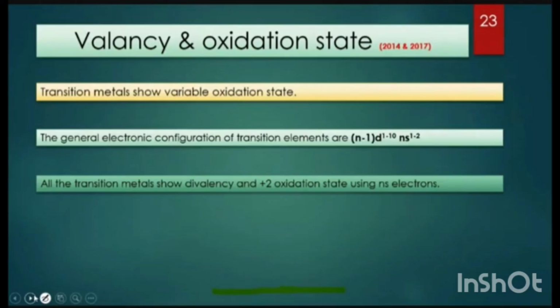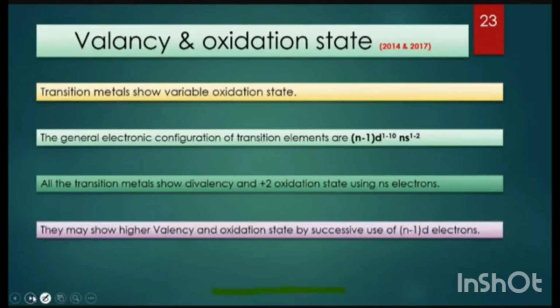Look at the general electronic configuration: (n-1)d1-10 refers to the inner d orbital and ns refers to the outermost s orbital. So all these elements readily lose the electrons present in the outermost s orbital, thereby having valency 2 and oxidation number +2.